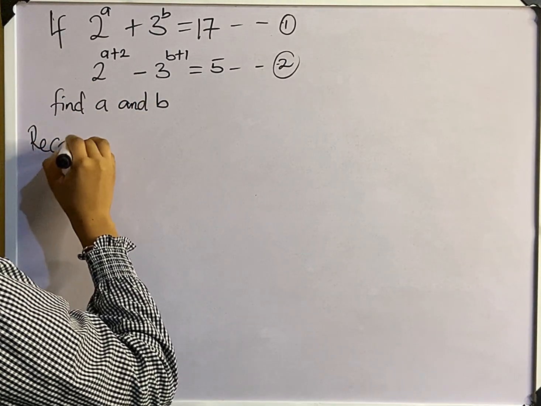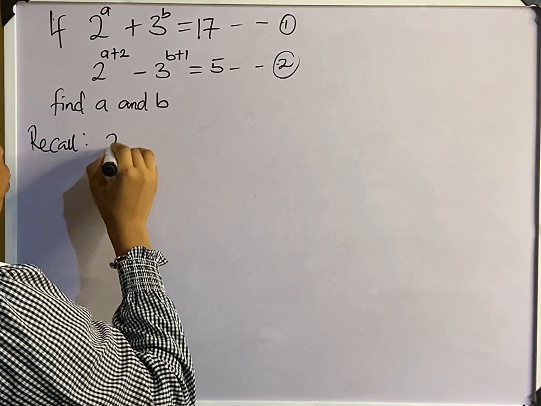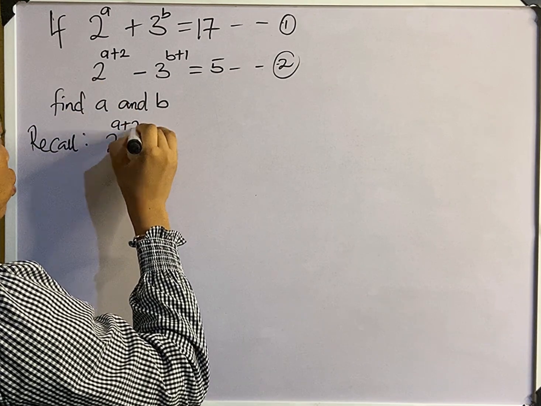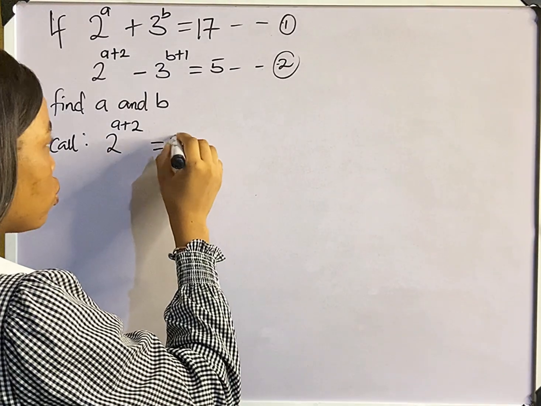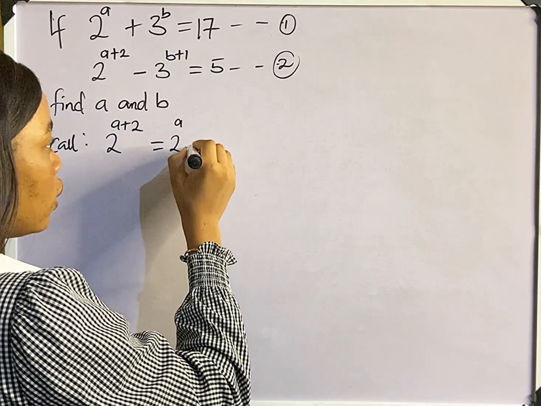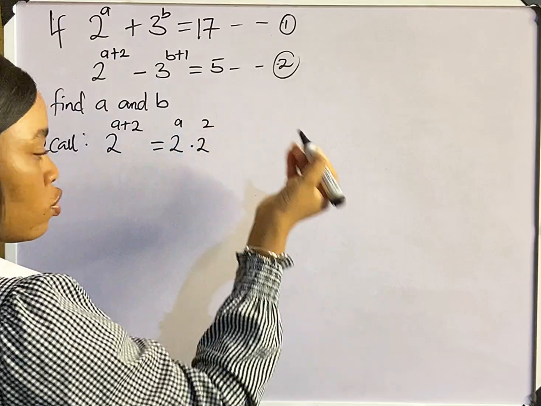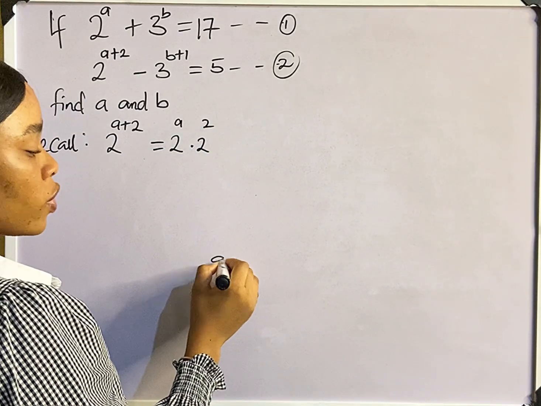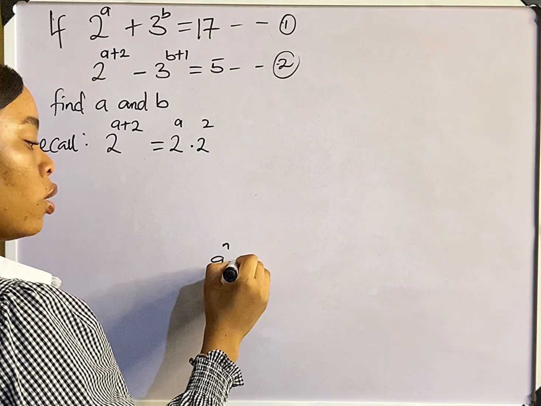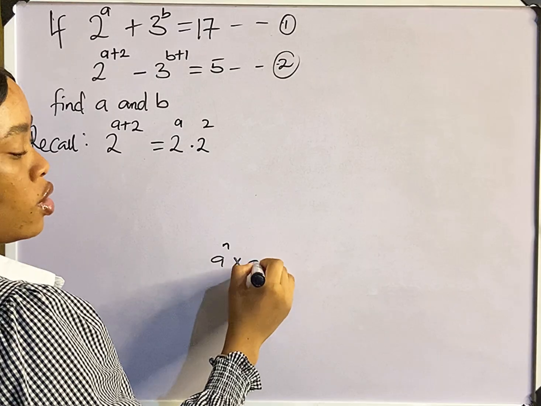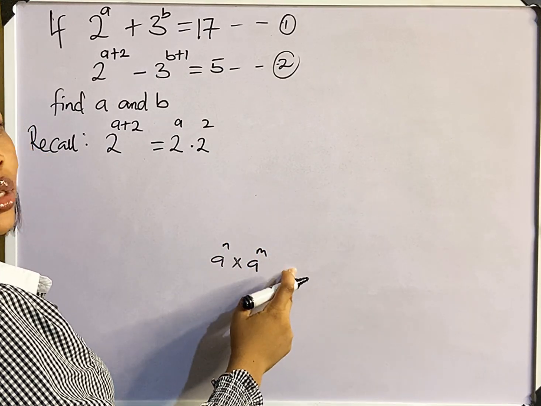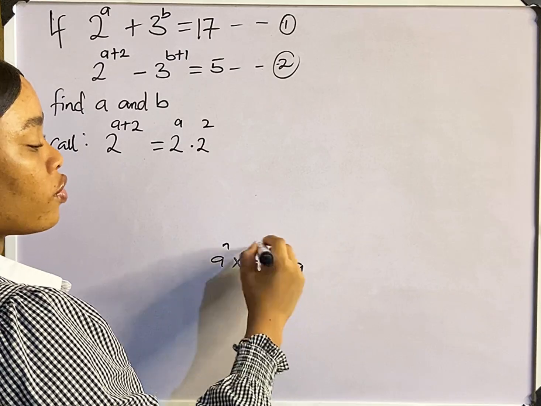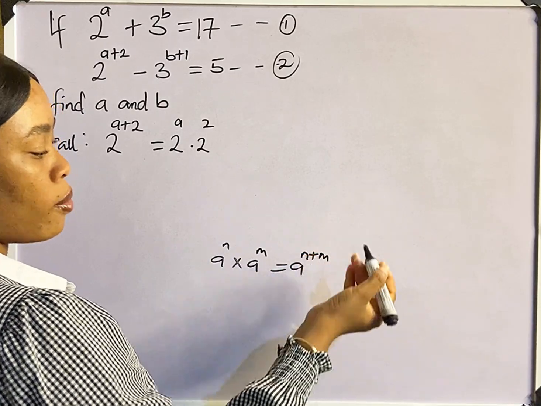Recall that 2 raised to the power of a plus 2 can be written, from our law of indices, as 2 raised to the power of a times 2 raised to the power of 2, where you have a raised to the power of n times a raised to the power of m. Where you have to add the powers, and you have a raised to the power of n plus m.